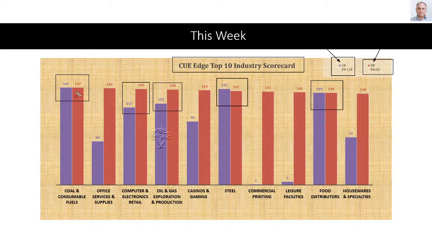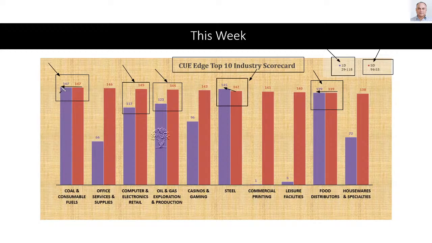But if we exclude that, at least these few: coal and consumable fuels, computer and electronics retail, oil and gas exploration and production, steel, and food distributors. In fact, steel's score increased a little bit over 1 day. Food distributors remained exactly the same at 139.